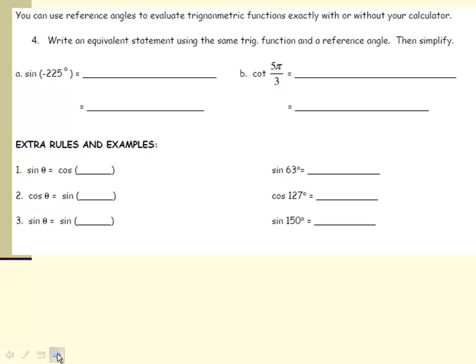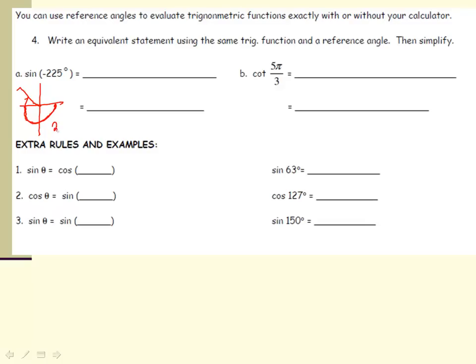If we want the sine of negative 225 degrees, negative 225 degrees will start here and come around this way. Negative 225 would be right about right here, because halfway around would be 180, so 225 would go up a little bit further. Because it's negative, I don't follow my exact rules up there.